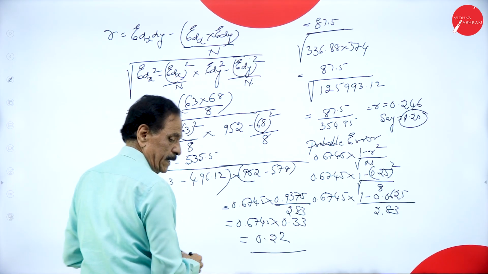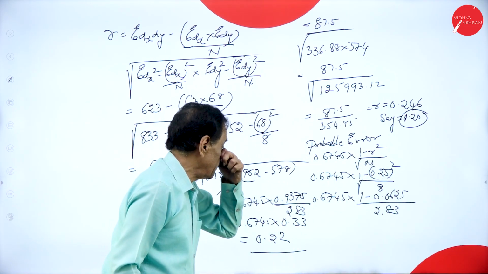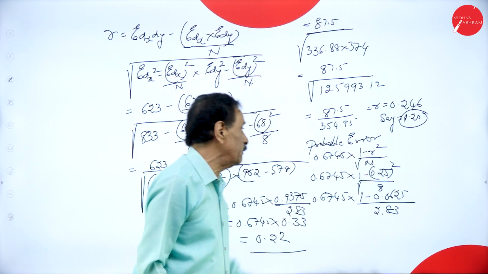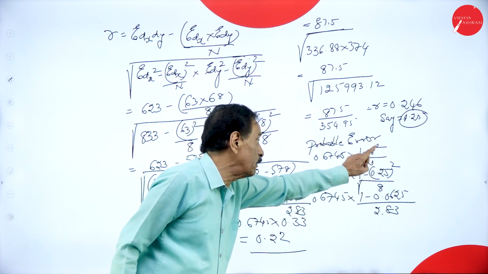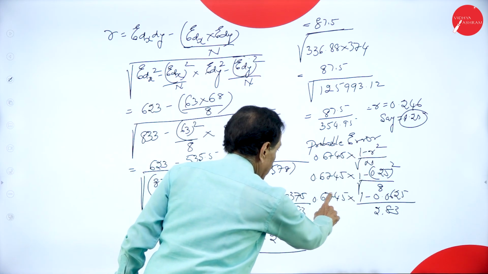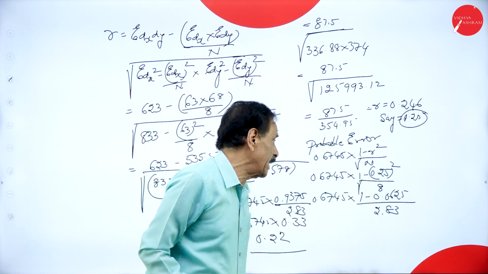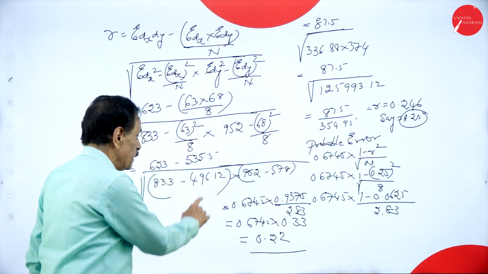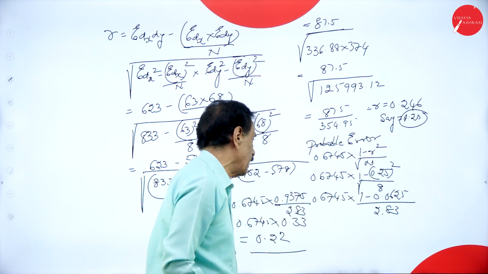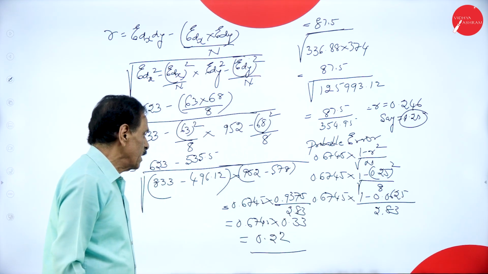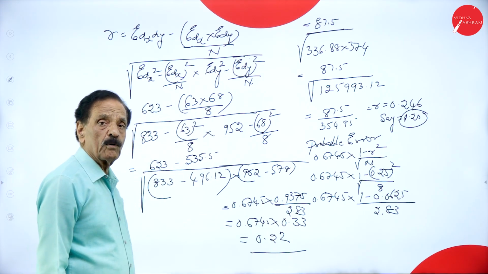0.22 is the probable error. So probable error is equal to 0.6745 into 1 minus r square divided by root n, 0.6745 into 1 minus 0.25 whole square divided by root 8, 0.6745 into 1 minus 0.0625 divided by 2.83, 0.6745 into 0.9375 divided by 2.83, which is about 0.33. 0.6745 into 0.33 comes to 0.22.